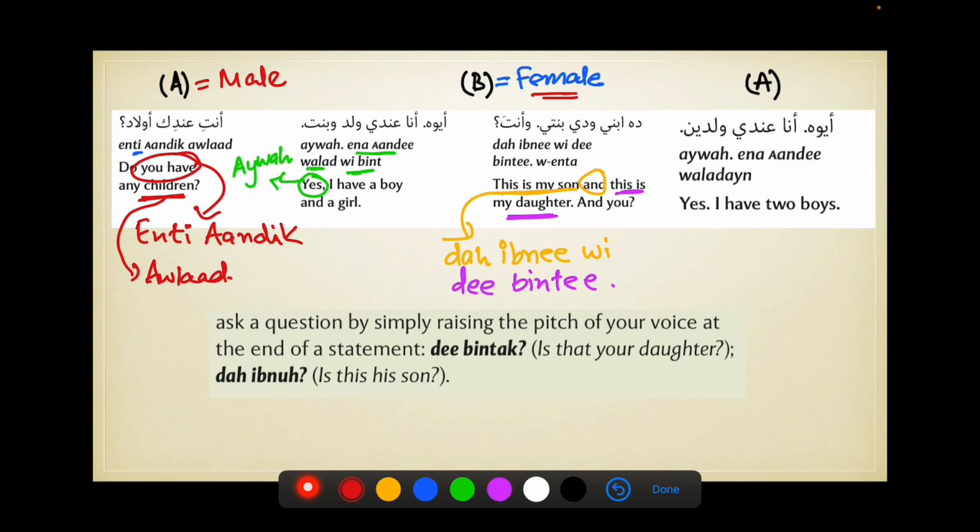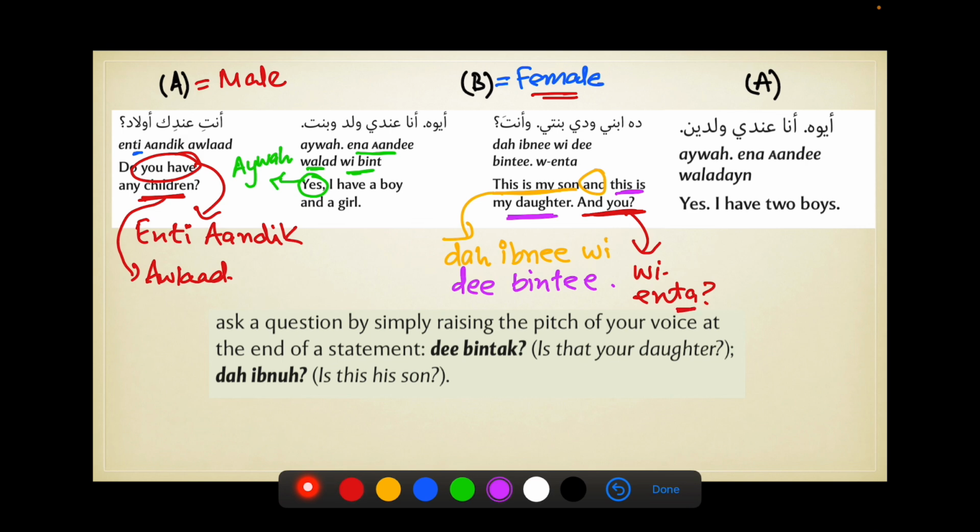And now she's asking, and you? That will be wi anta. Anta is you. If she was talking to a female, it would be wi anti, but she's talking to a male, so it will be anta.